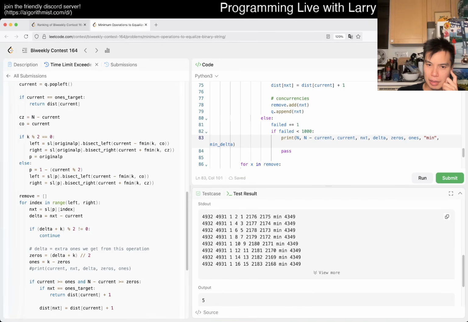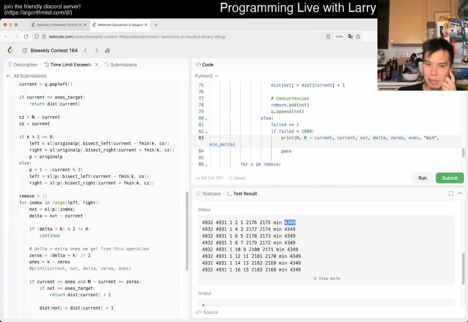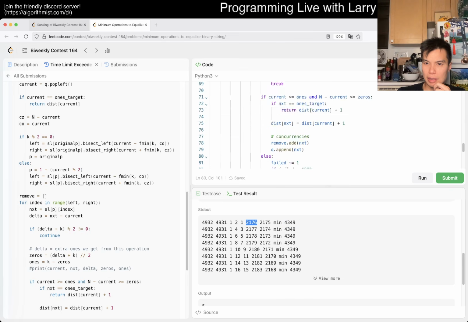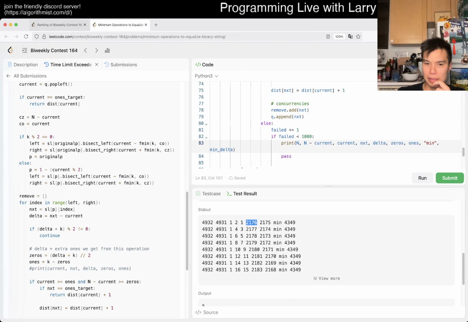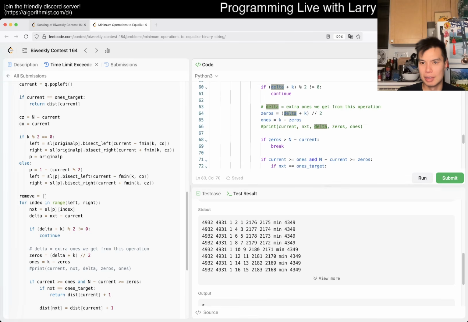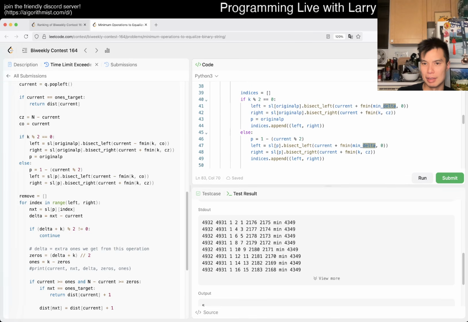Min delta is 4349. That sounds right. So then why is it trying deltas of 2? Oh, because I have this min of this.